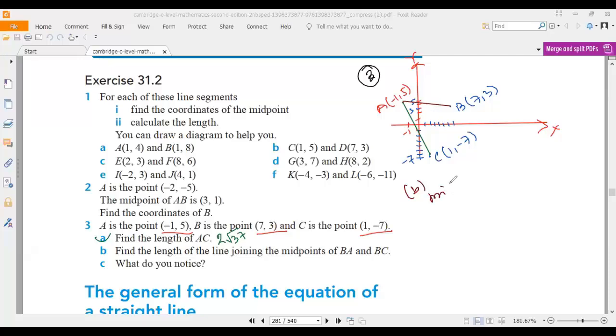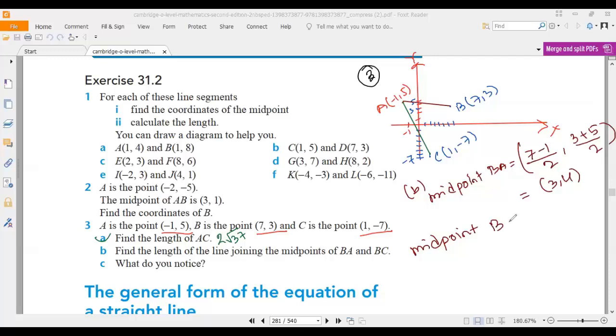Midpoint of BA will be ((7 minus 1)/2, (3 plus 5)/2). Okay, so 7 minus 1, that will be 6 by 2 is 3, and 3 plus 5, 8 by 2 is 4. And what will be the midpoint of BC?